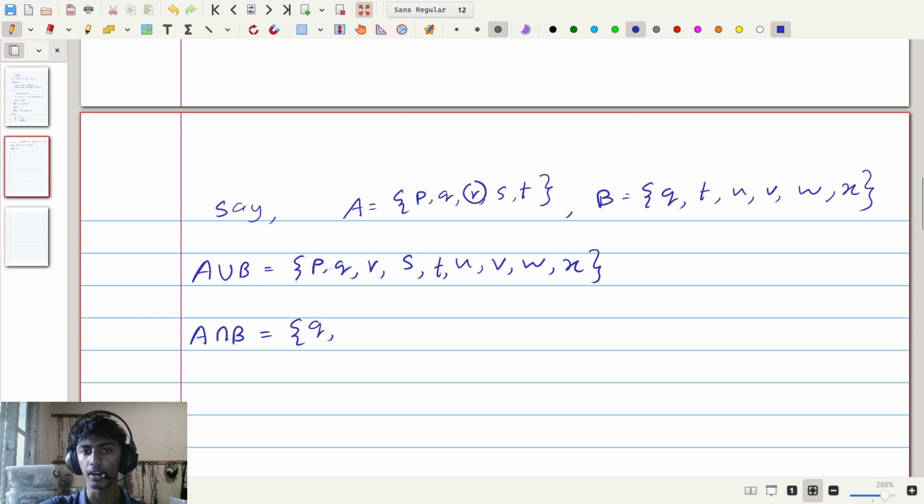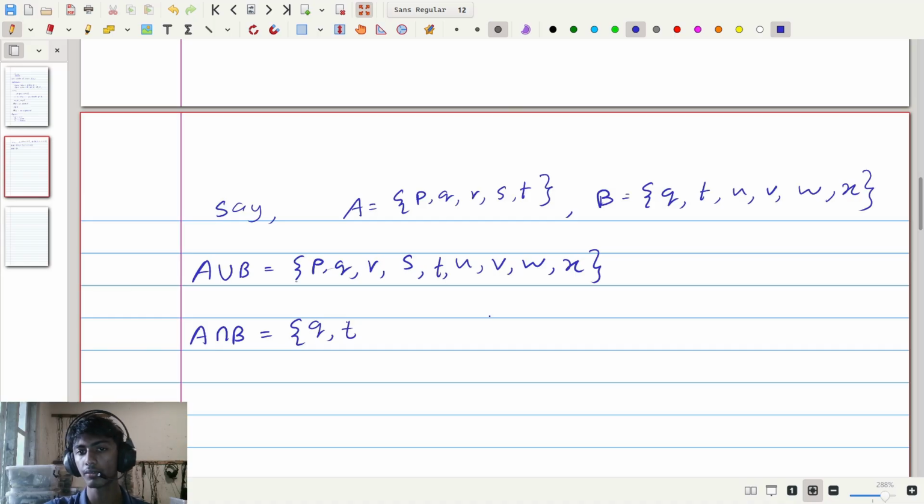R is not in B, so that's not an element. S is also not in B. That's not an element. But T can be found in B as well. So therefore, T is an element of the set A intersect B.